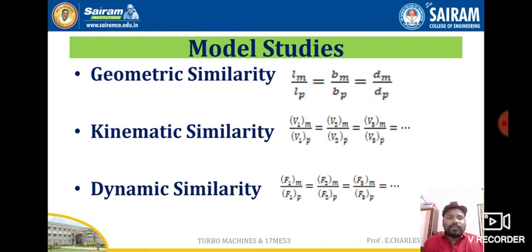So F1 of the model and F1 of the prototype will be similar. So this is all about model studies. Once again, geometric similarity is all about shape: length, breadth and depth of model and prototype. Kinematic similarity is all about velocities, that is motion, of model and prototype. Dynamic similarity is all about forces, the force of model and the force of prototype. This is all about the model studies.